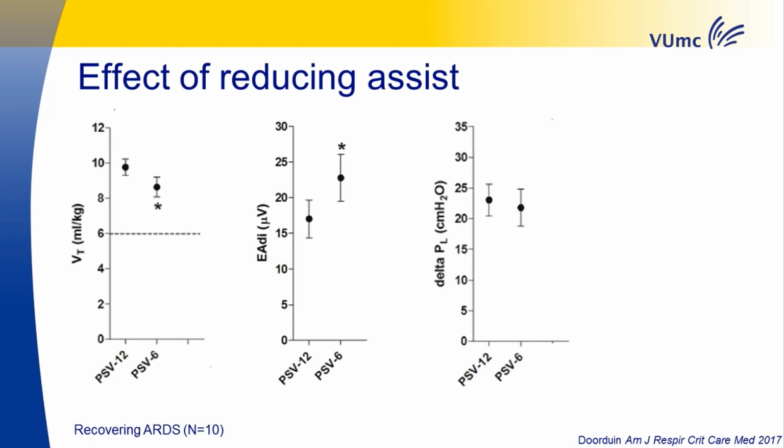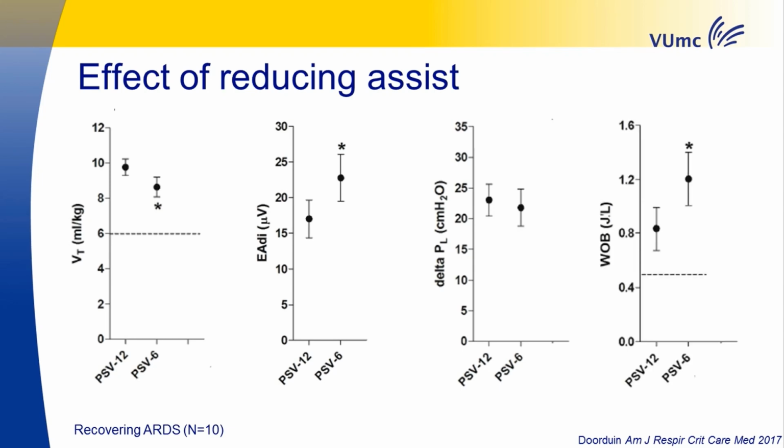If you look at the transpulmonary pressure, it didn't really change. So you think that you're doing something lung protective, a little bit of reduction in tidal volume, but transpulmonary pressure, as was explained yesterday, which is the important pressure, doesn't change.